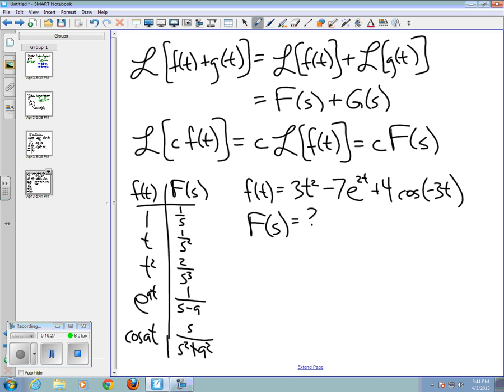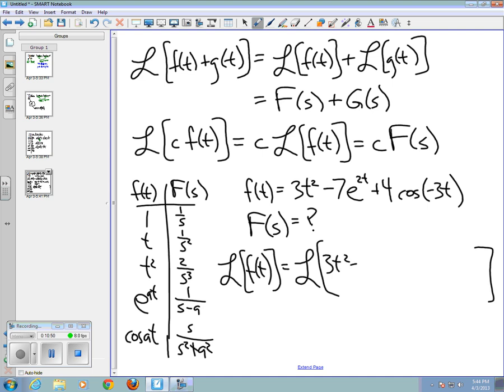To find capital F of s, I simply apply the transform to little f of t. So the Laplace transform applied to little f of t is equal to the Laplace transform applied to the entire function, which was 3t squared minus 7e to the 2t plus 4 cosine of negative 3t.